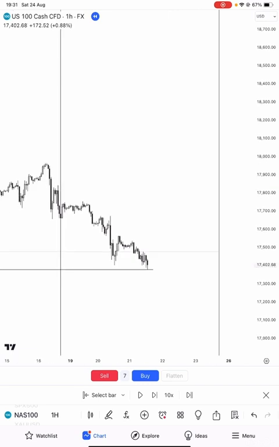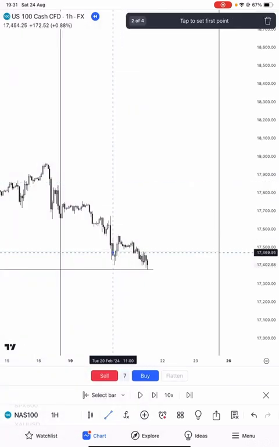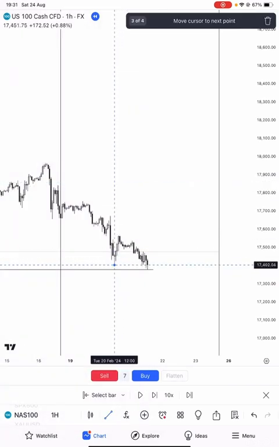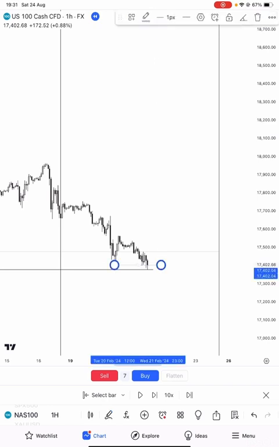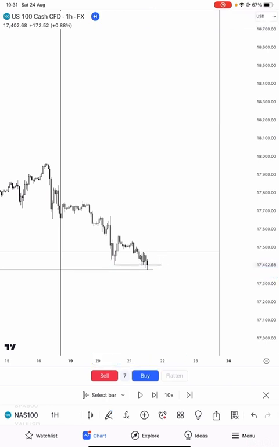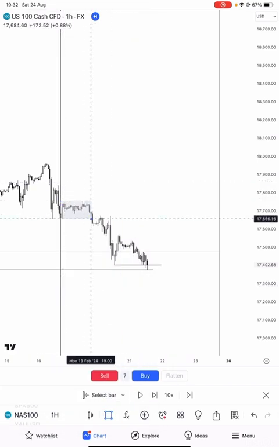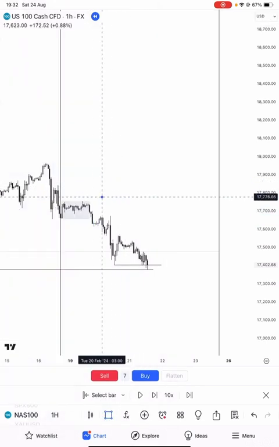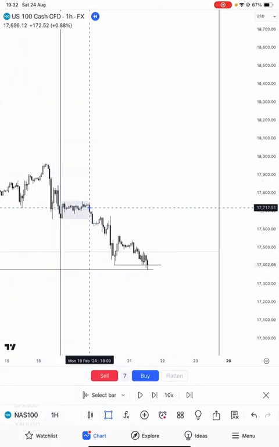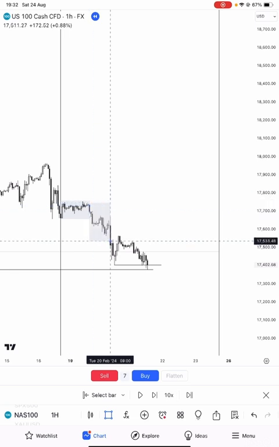And I remember this was a Wednesday low of the week. Same logic. There we go. Pre-manipulation liquidity pool. Also, if you wanna see Monday.